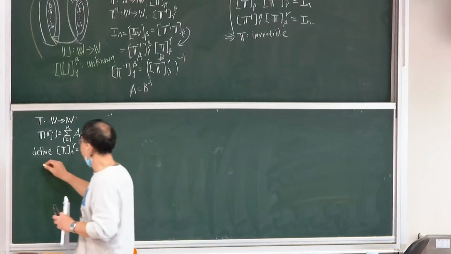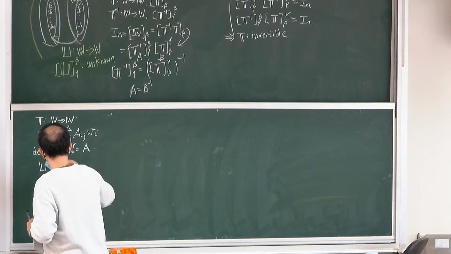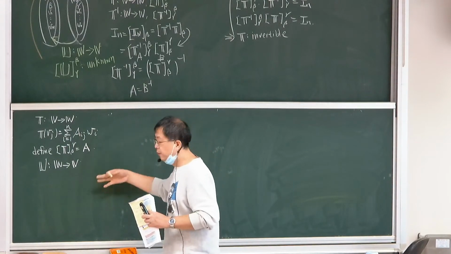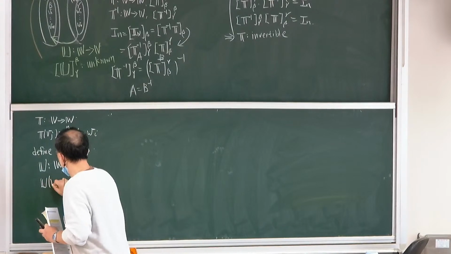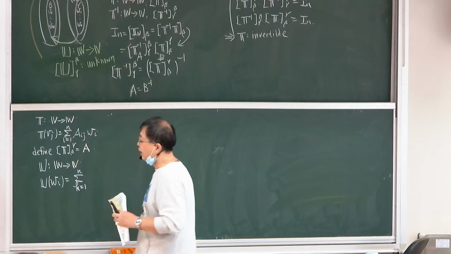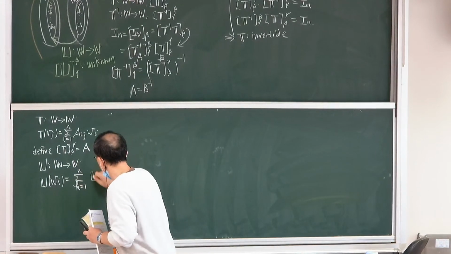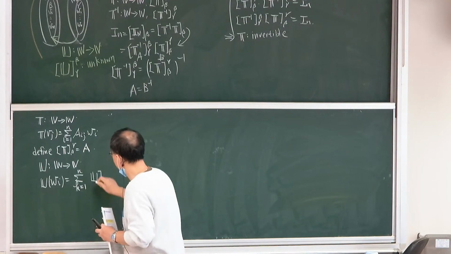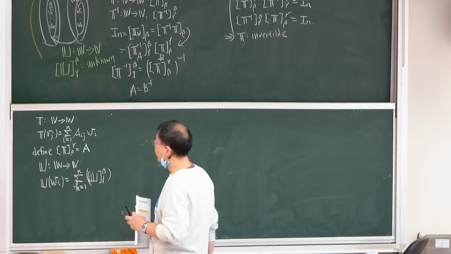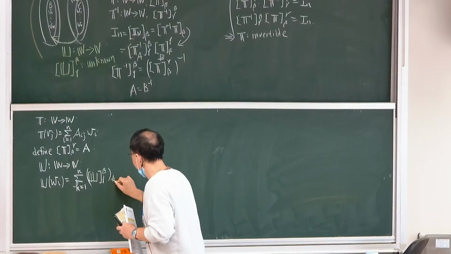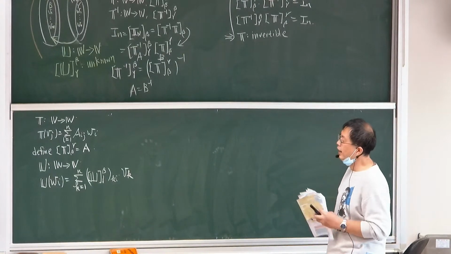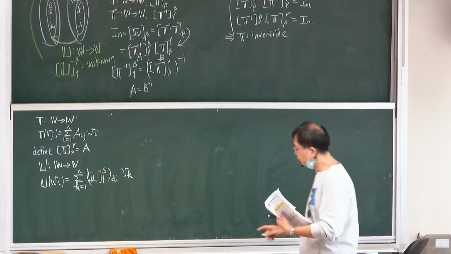And now we have another transformation U from W to V. We have no idea what U will be, but from this definition, we have U(w_i) equals summation k equals 1 to n of the matrix representation of U from gamma to beta, entry ki, times v_k.